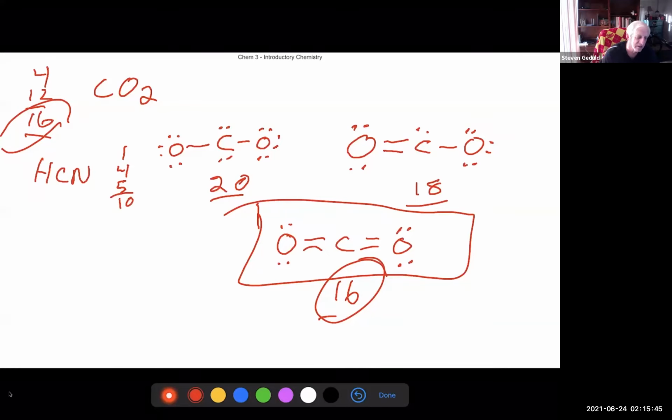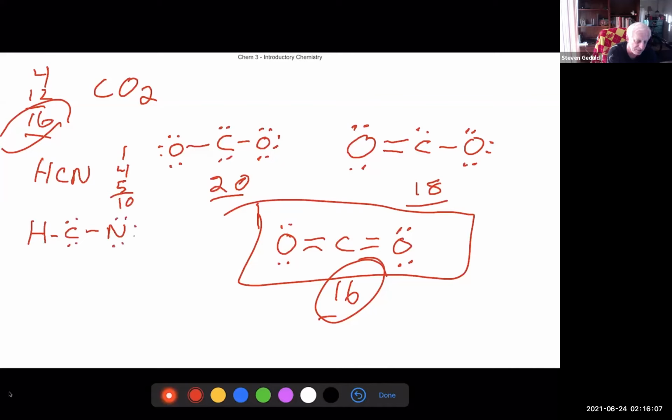That gives you 10. So let's put everything together. Hydrogen, put carbon in the center. Carbon is usually in the center, and then nitrogen. So draw our lines that connect them, and then make hydrogen have 2, which it does, and then carbon have 8, and nitrogen have 8.